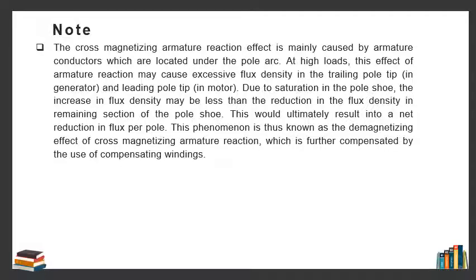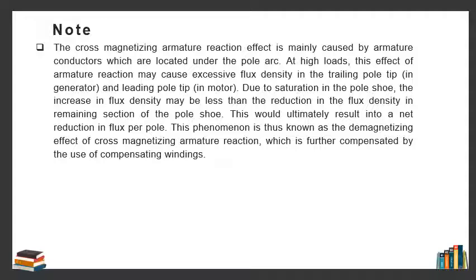Due to saturation in the pole shoe, the increase in flux density may be less than the reduction in the flux density in the remaining section of the pole shoe. This would ultimately result in a net reduction in flux per pole.